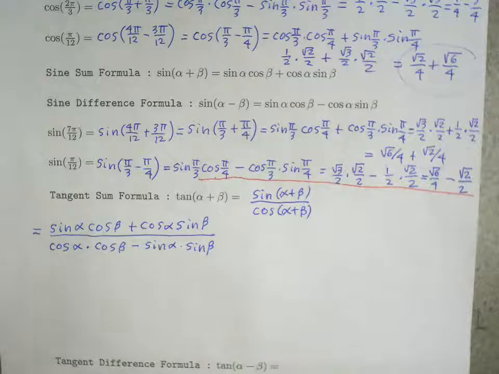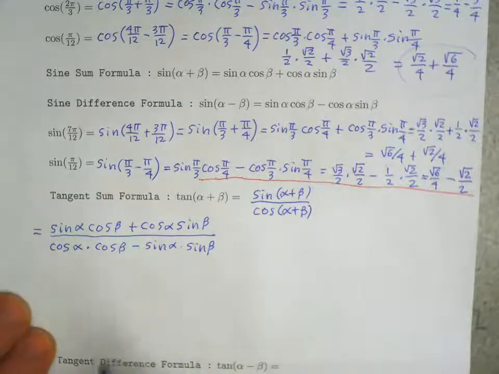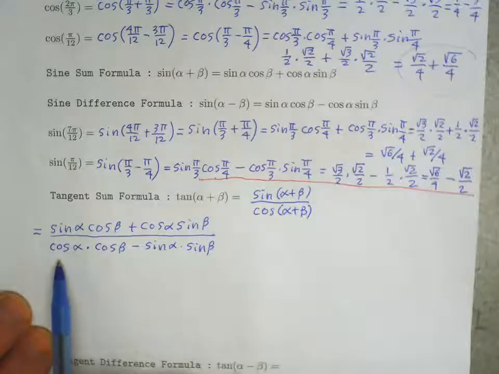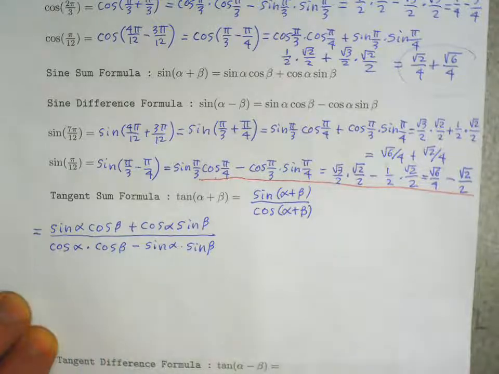Okay, what we do next is probably not intuitive, but notice in the denominator on the left, we have cosine of alpha times cosine of beta.